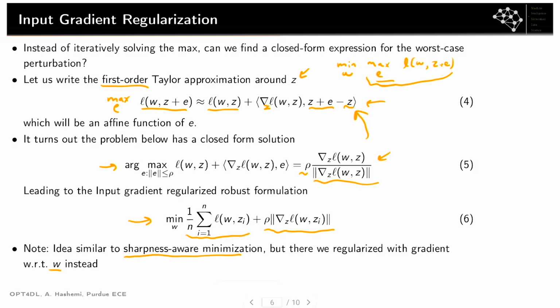The idea there was to be robust with respect to small perturbations in the parameter to ensure that the model has good generalization properties. In this case, we want to be robust against small changes in the training data such that the model has good robustness properties.